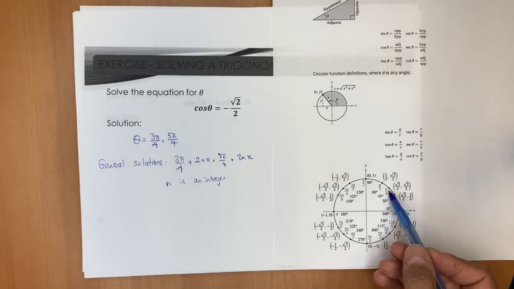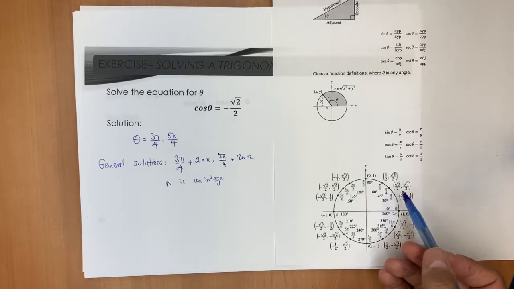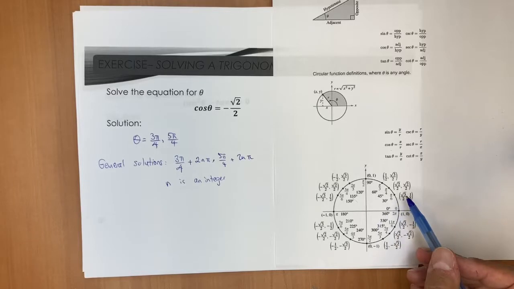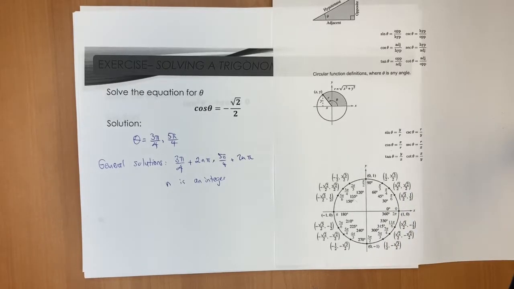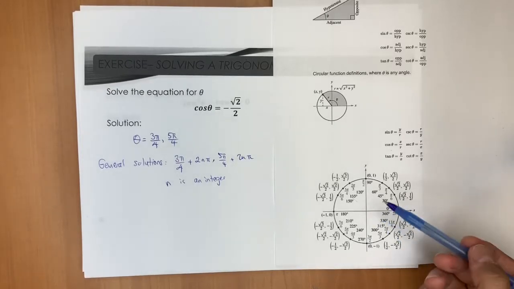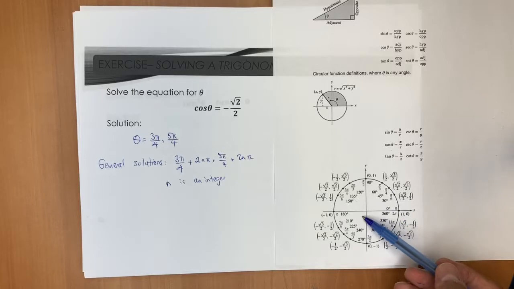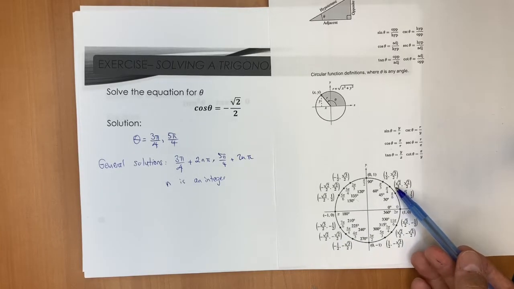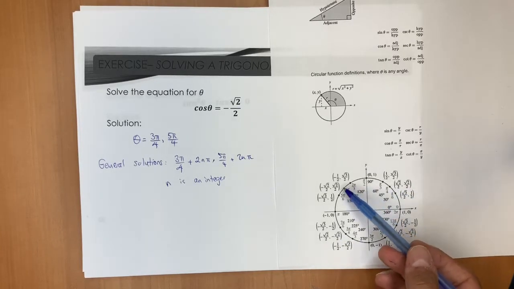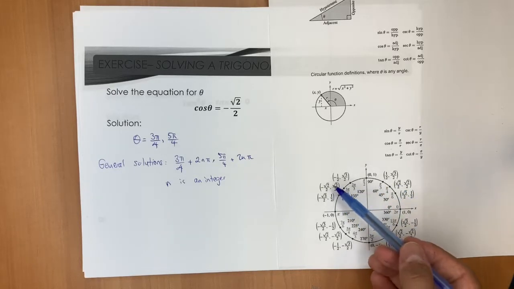For example, if you have 45 degrees, you know that cosine of that angle is root 2 over 2, and sine of that is root 2 over 2. So if you're looking for cosine theta to be negative root 2 over 2, you can take the symmetry of that point across the origin. This point would have x and y coordinates that are the negative of what we have here. Or if you take the symmetry about the y-axis, the x-coordinate is going to be the negative of what you have here, and the y-coordinate is still positive.